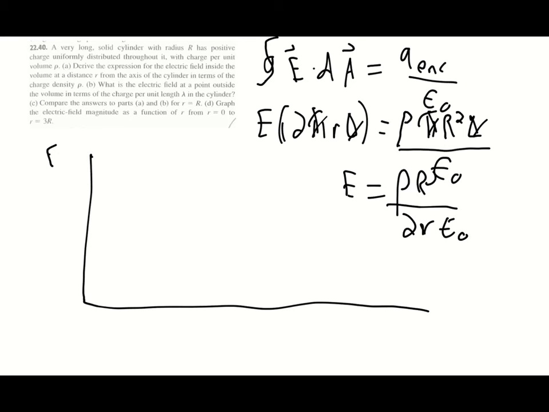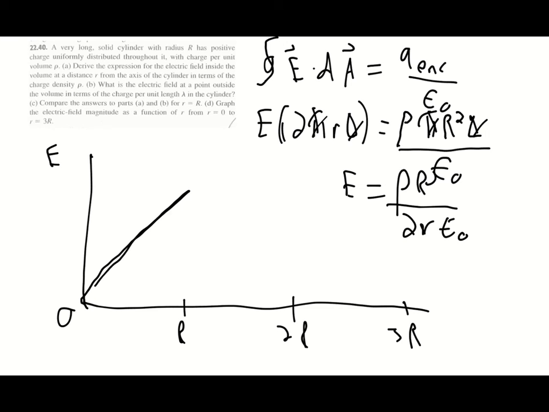here's E, and here is, we'll make markings at 0, R, they want 2R, and 3R. So in our first expression, it was rho R over 2 epsilon naught. So it's actually going to get bigger as we go.